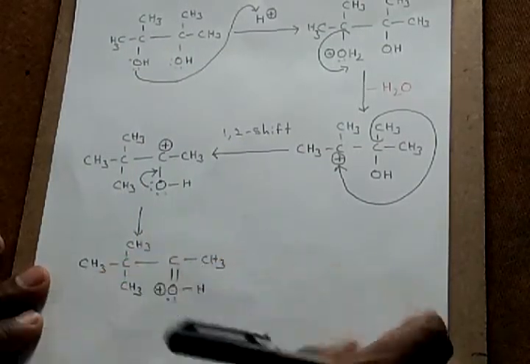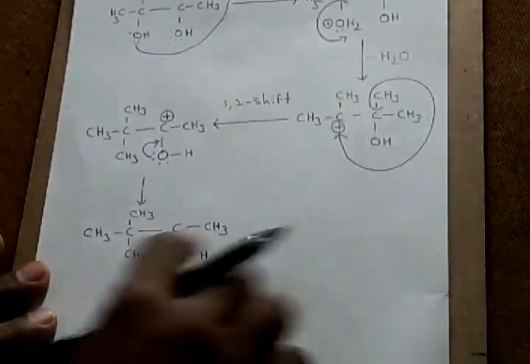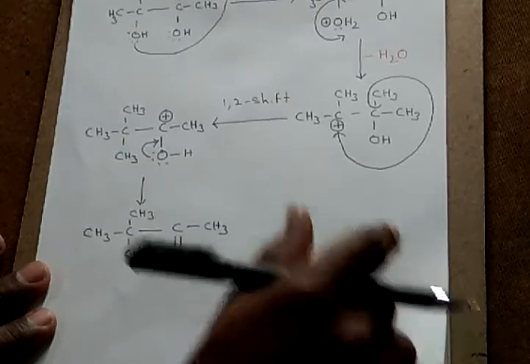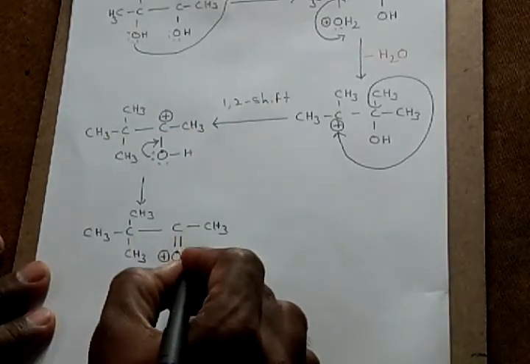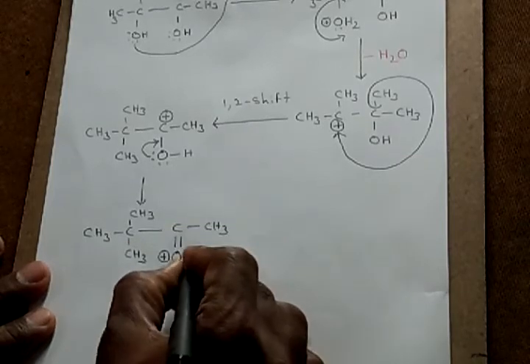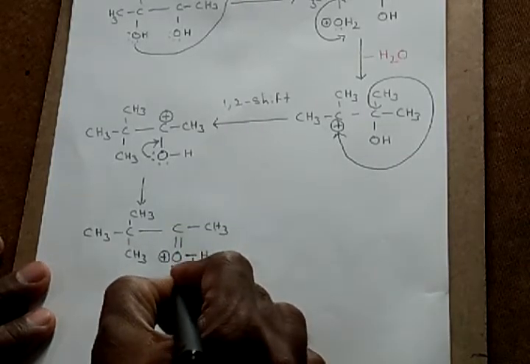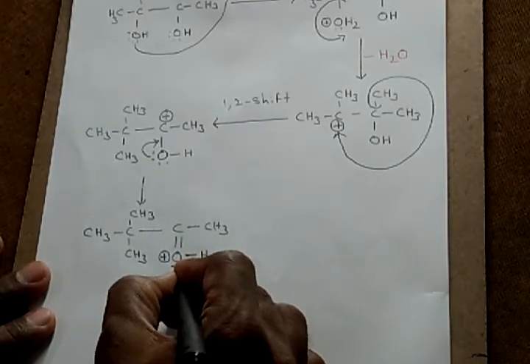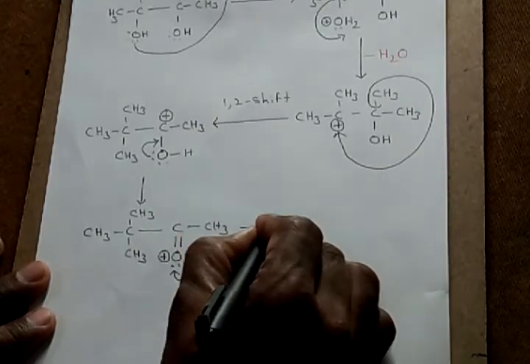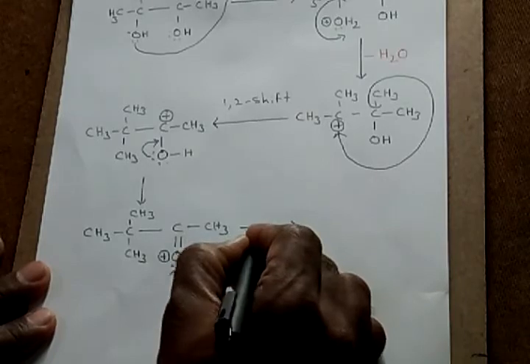Now in the last step, this molecule gets neutralized to a carbonyl compound. For that purpose, this H+ should come out. That means this entire bond should transfer onto the oxygen. Now the H+ is coming out, neutralizing the oxygen.